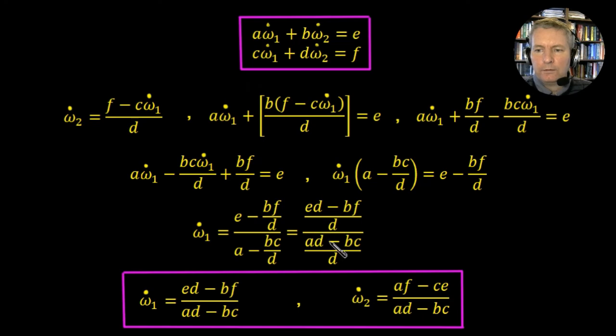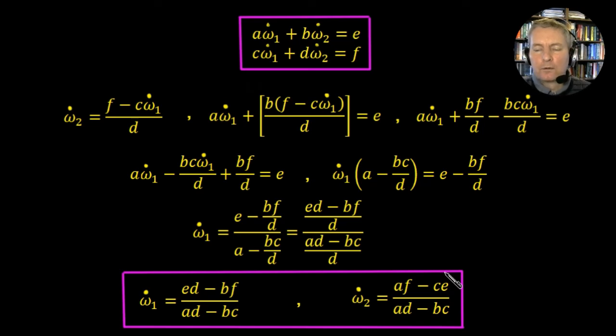And when you divide through with a fraction, you multiply by the reciprocal, the d's cancel out, and we'll get our omega 1 dot is equal to ed minus bf upon ad minus bc. Okay, so that's one that we're looking for. Now the other one, omega 2 dot, is equal to af minus ce upon ad minus bc. So that's us almost there.